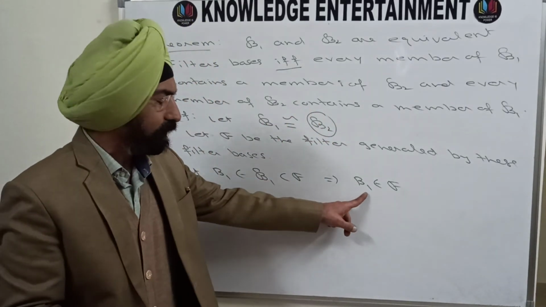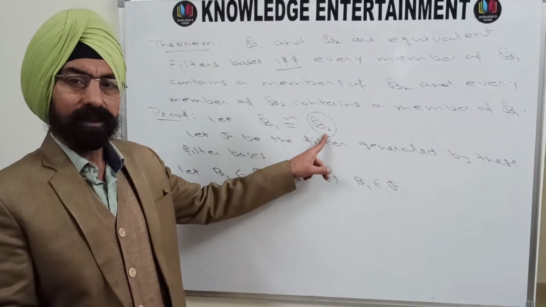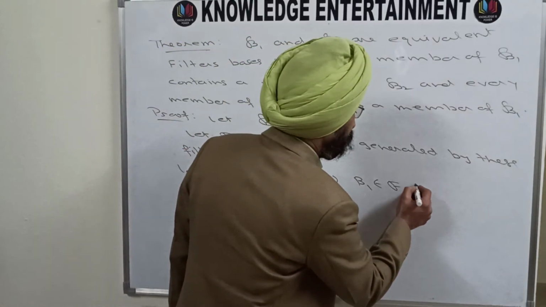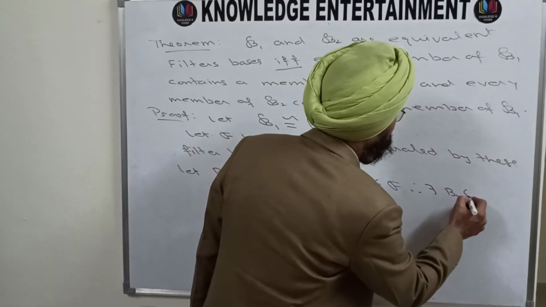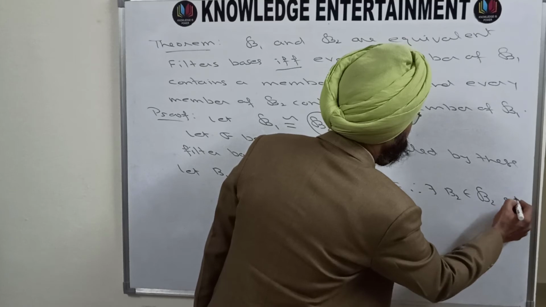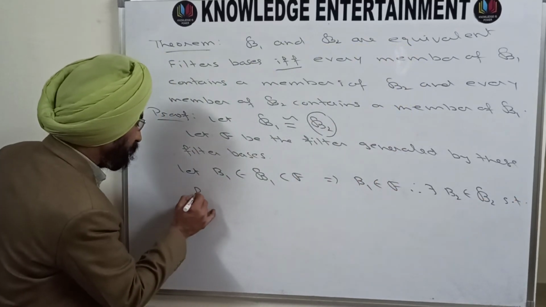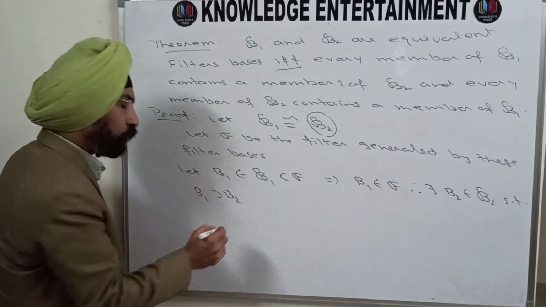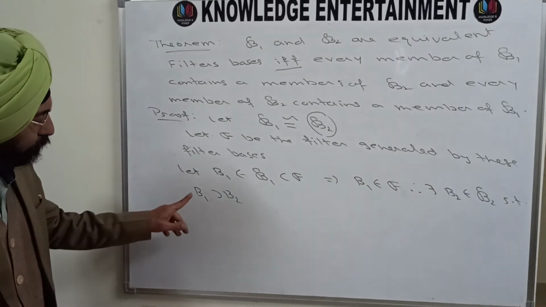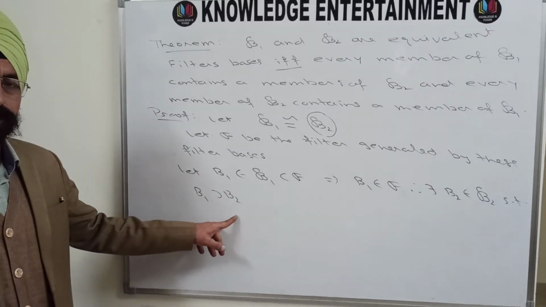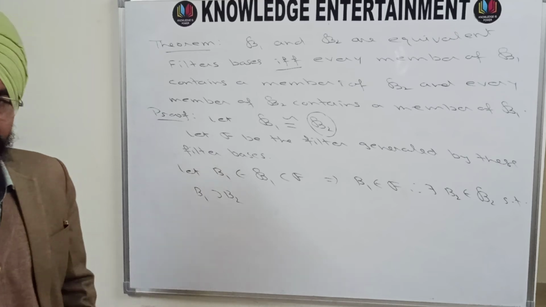So this B1 is a superset of some member here. Therefore there exists B2 in B2 such that B1 is a superset of B2, or you can say that every member of B1 contains a member of B2. Similarly, the other part can be proved.